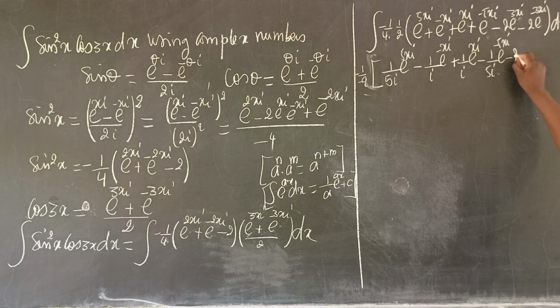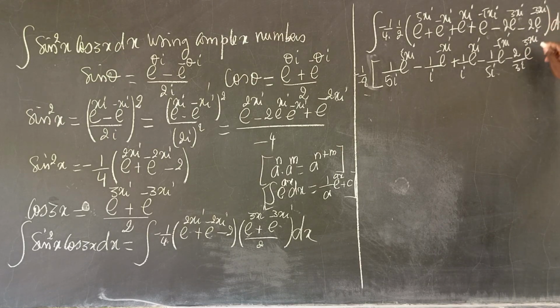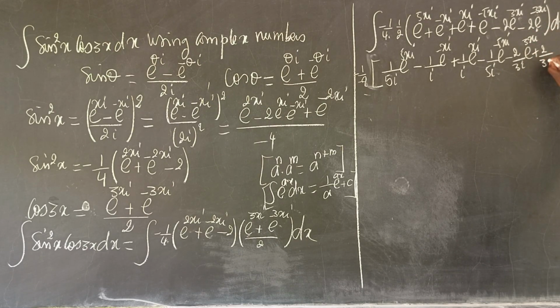We have minus 2 over 3i times exponential of 3xi, and here will be positive because this is negative, and this we have positive 2 over 3i exponential of minus 3xi, then a constant, then add a constant here.